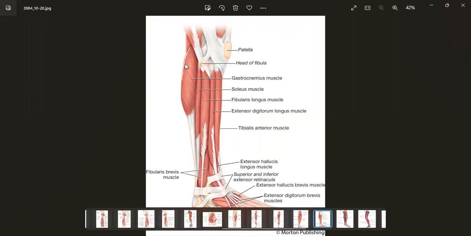The gastrocnemius muscle of your calf has the job of plantar flexing the foot and flexing the lower leg. It can do this because it originates on the condyles of the femur, both of them, and inserts on the calcaneus or the heel. The tibialis anterior muscle, which you can see from this side view as well, is going to be on the anterior surface of your leg.